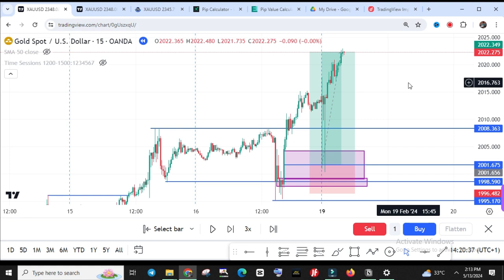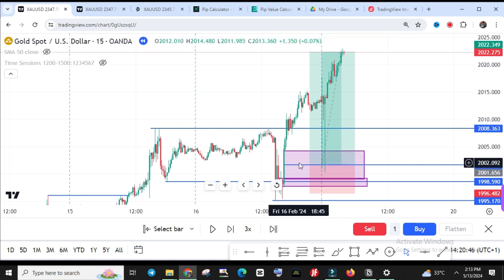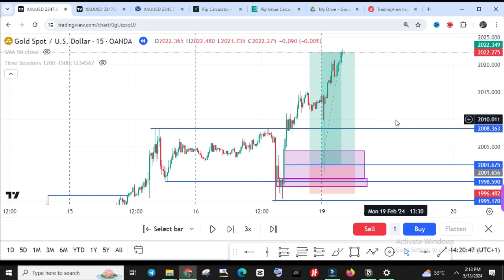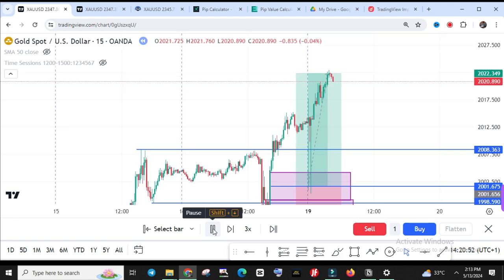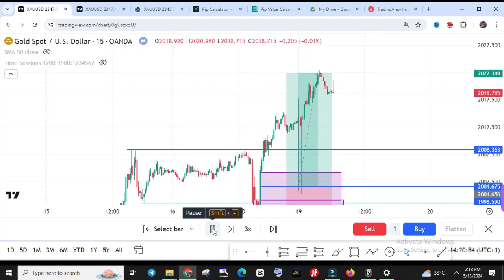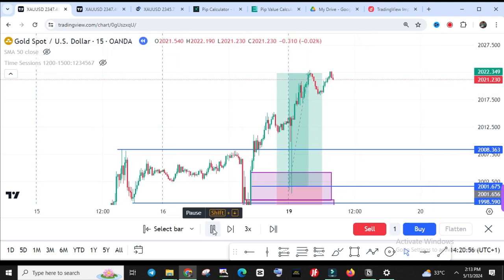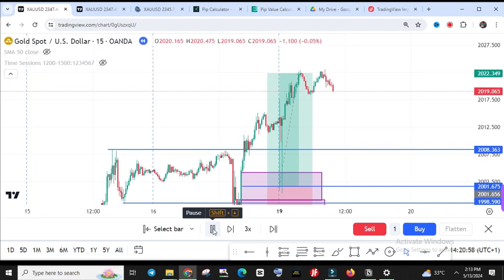You can set it to 1:4, 1:5, 1:6. But always make sure that once the price goes 1:2, you set your stop loss at break even, or you can lock in some profit. The price can actually give you more than 1:4, 5 or 6 with this setup, but you must make sure that you lock in profit once you hit 1:2.